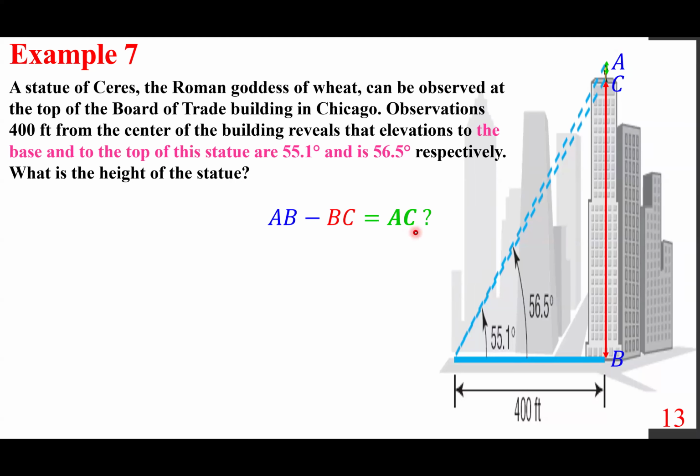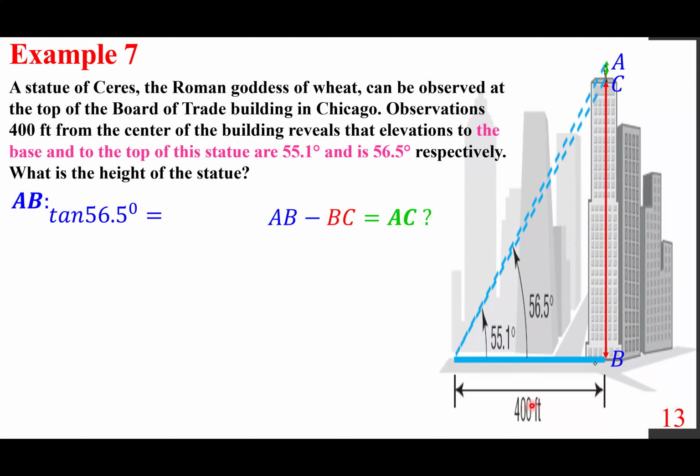So to find AC, we're going to find AB. So how do we find AB from the bottom to the very top? Look at the bigger angle. The larger angle is 56.5 degrees. Tan of that is AB over this distance of 400 feet.